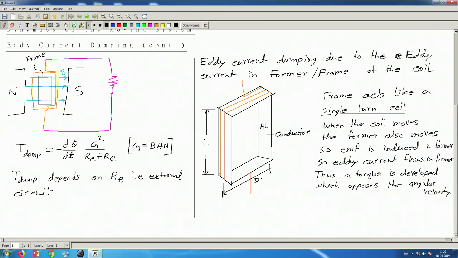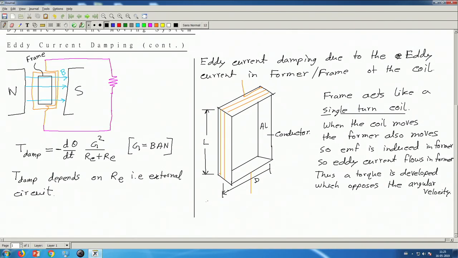Okay. So, now consider any one side, this side, how much flux is it intersecting per unit time? For that we need to know the linear velocity of this side.